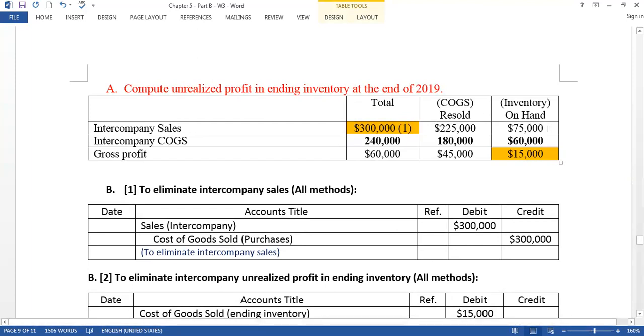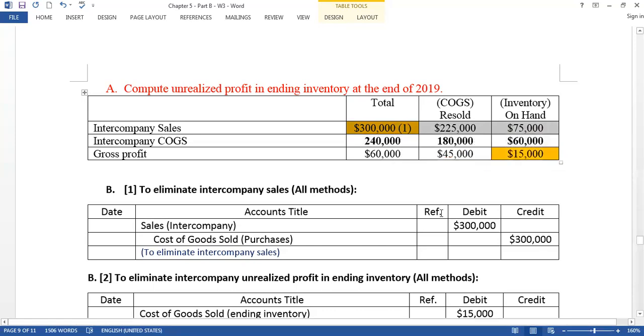And still this is the ending inventory, right? If it is the ending inventory, that means the remaining is resold, and everything includes cost plus profit. So the first row includes cost plus profit.